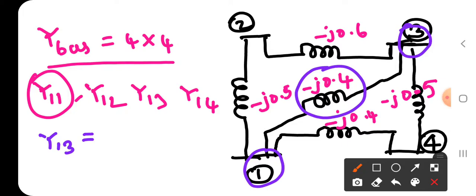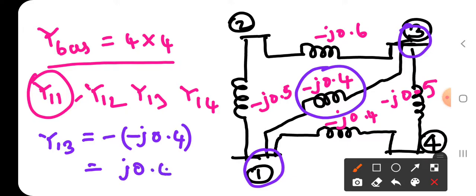That means I can write this as negative of minus j 0.4. This is j 0.4. The units are mho. Okay, next, similarly, what is Y14?